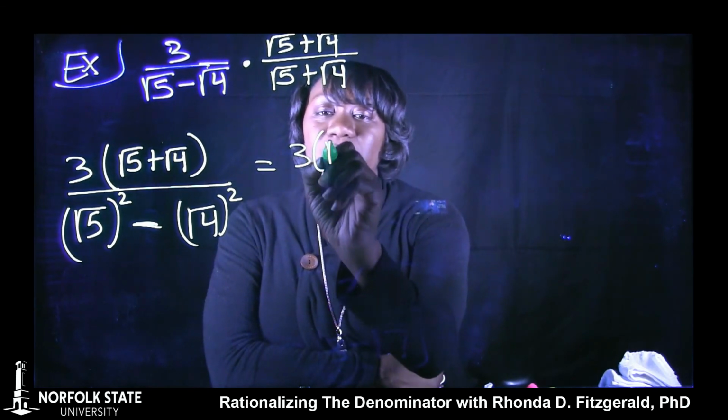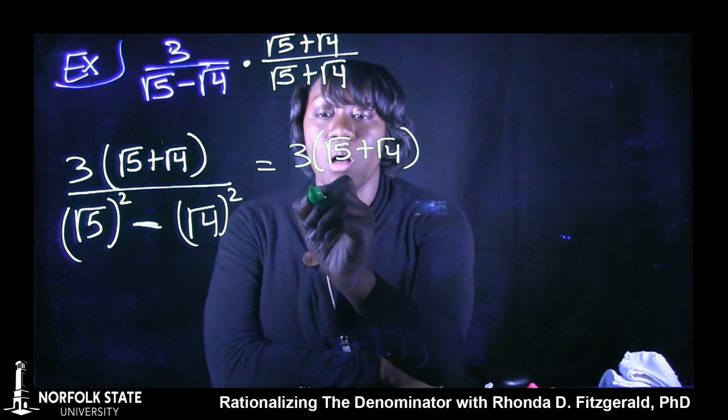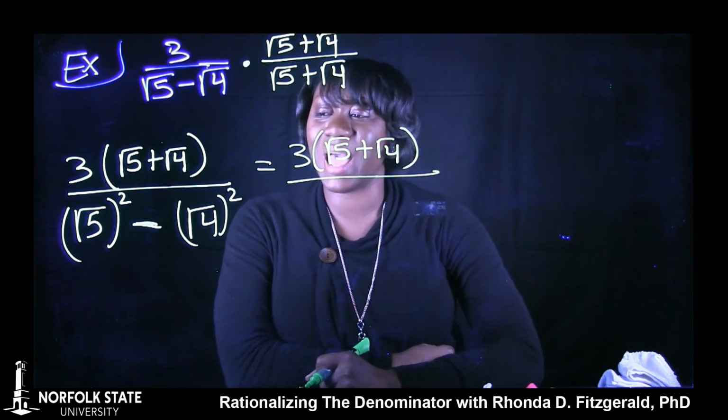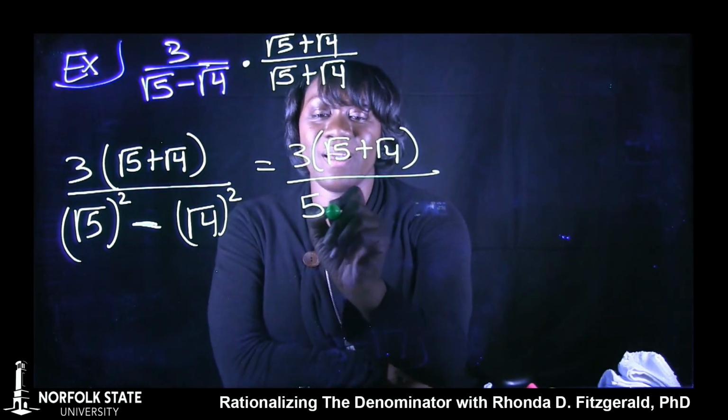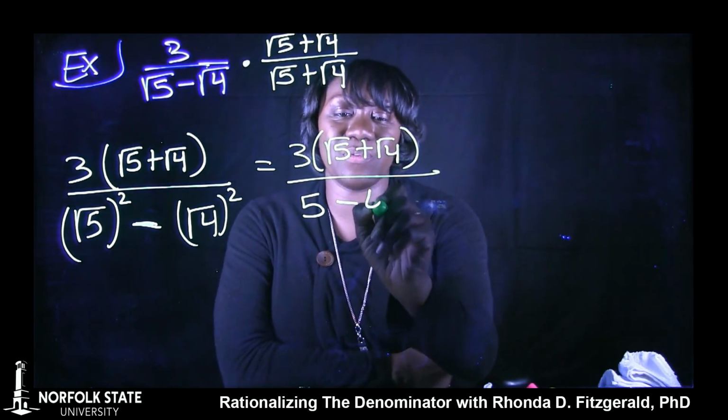In this particular case, let's look at what we have. 3 times the square root of 5 plus the square root of 4, all over the square root of 5 squared. Well, that nicely gives us 5 minus the square root of 4 squared. Well, that gives us 4.